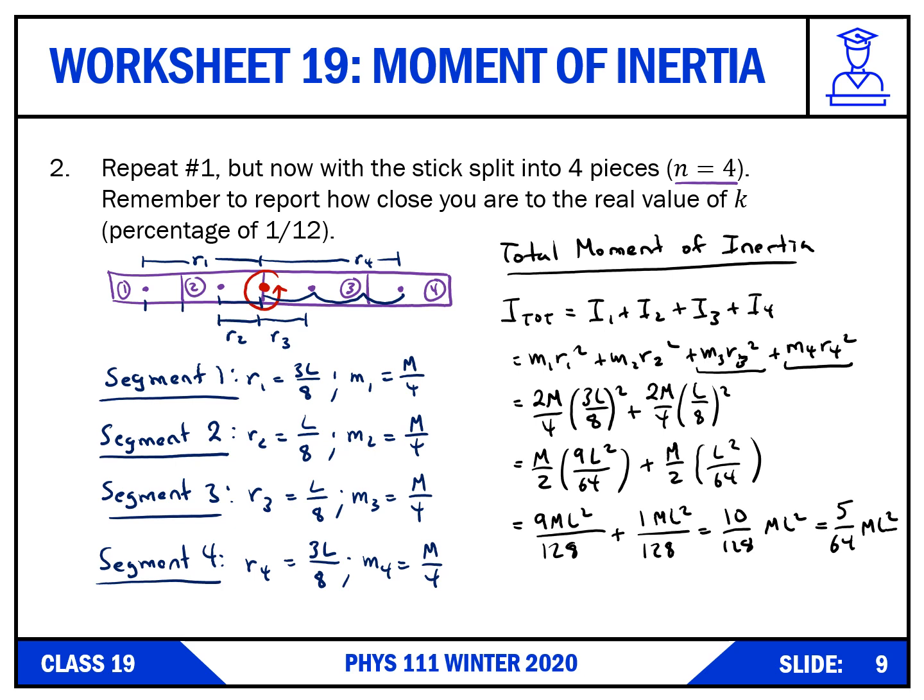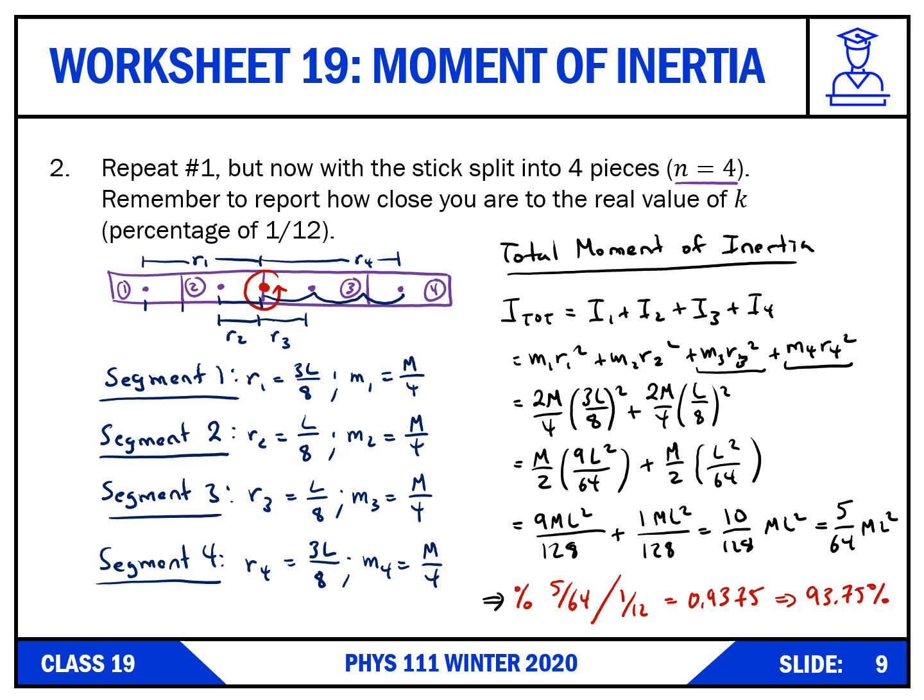Okay, so now we have this new K factor, and we now compare it to 1 over 12. So percentage-wise, we have 5 over 64 divided by the true value of K, which is 1 over 12, and we get 0.9375, which is equal to a 93.75% accuracy for a 4-segment stick.